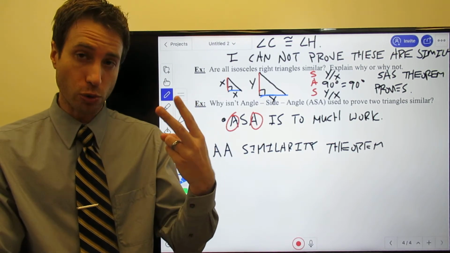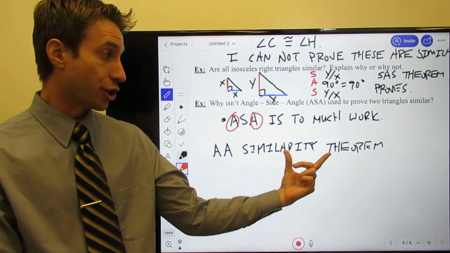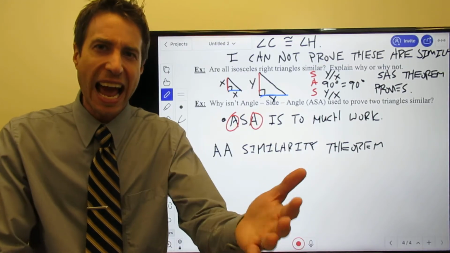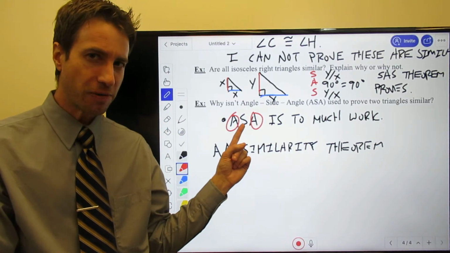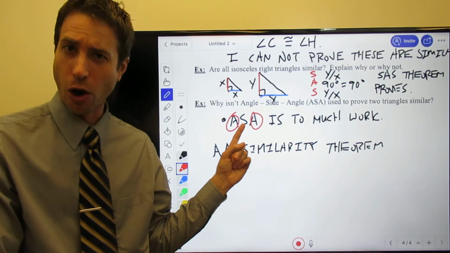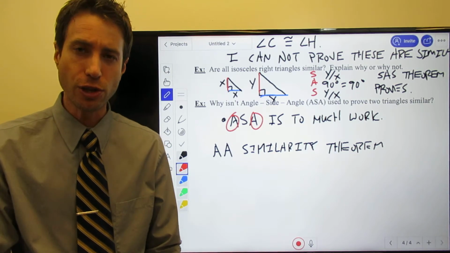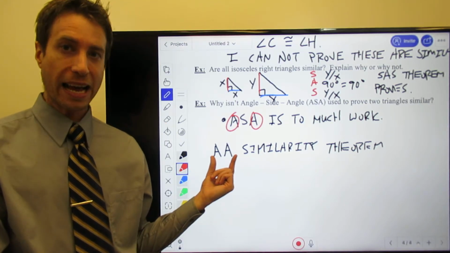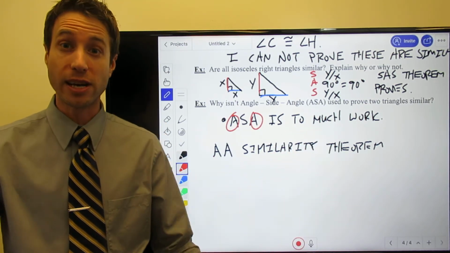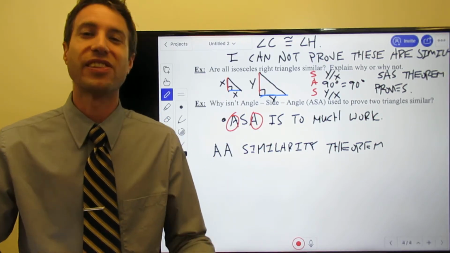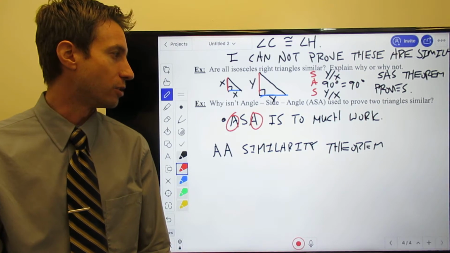Just prove two corresponding angles are congruent, and you know the triangles are similar. So then why would you do the extra work of proving that an included side is also similar? That's doing work you don't have to do. All you've got to do is show that two angles are similar, and that's good enough. By doing an extra side, you're just doing more work that you don't have to do.